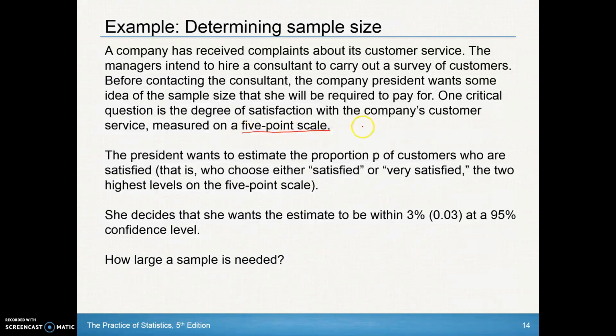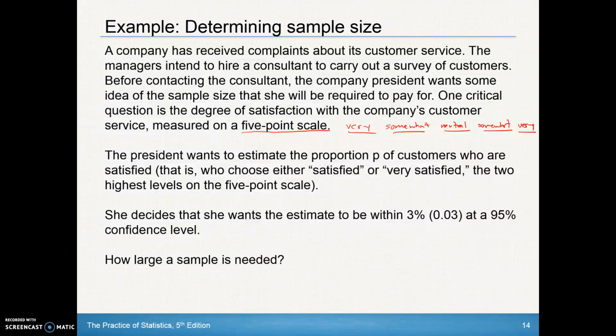And these are usually done with those, like very satisfied, somewhat satisfied, neutral, and then somewhat dissatisfied, and very dissatisfied. So that's where they get the 5-point scale from. It's sometimes called the Likert scale.